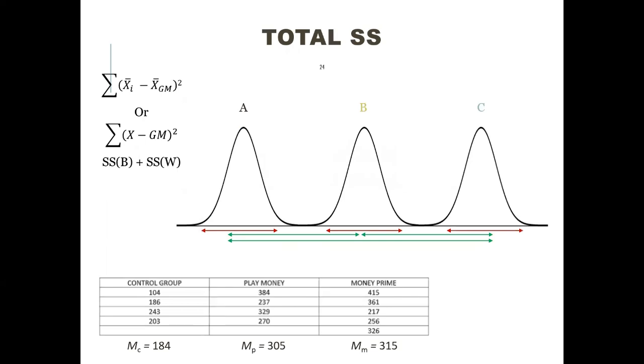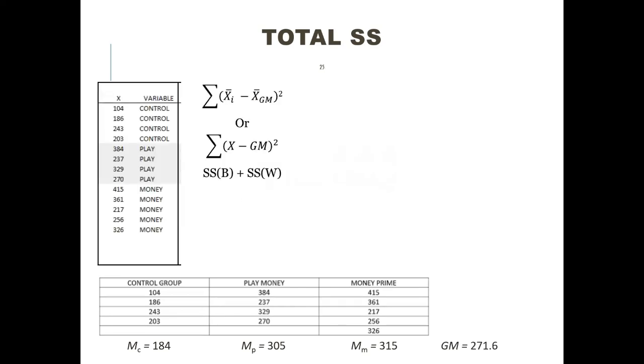So when you think about it, the sums of squares total is the sum, again, of both the between and within subject sums of squares. So it's thinking about the overall variance that you have in all of your data set. And so what you do here is you're interested in the combination of those two. So for every data point, you're going to subtract the grand mean from that individual data point.